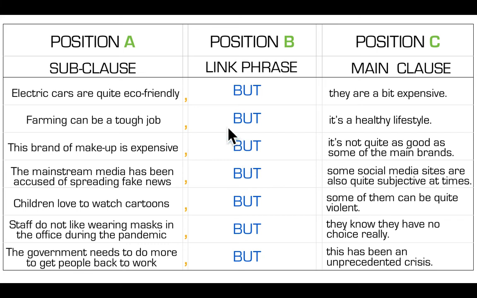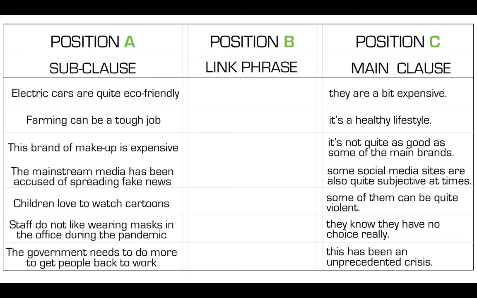Well, there'll be a little bit of construction nuance here. The first thing we'll do is we'll put in a full stop here and we'll make position A its own sentence. Then we'll put in a comma over here, so that means position B and position C, the link phrase and the main clause, they're going to be in the same sentence. So we're actually going to have 2 separate sentences.